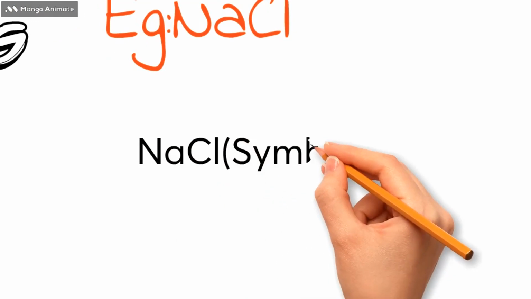Let's take the example of NaCl, sodium chloride. First of all, write the symbols NaCl. Follow up by drawing the group valency table.